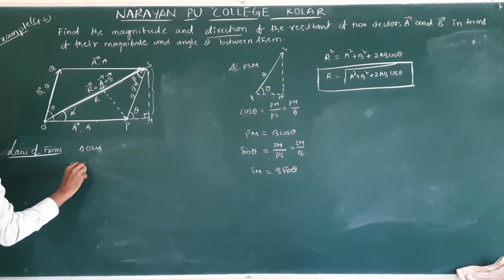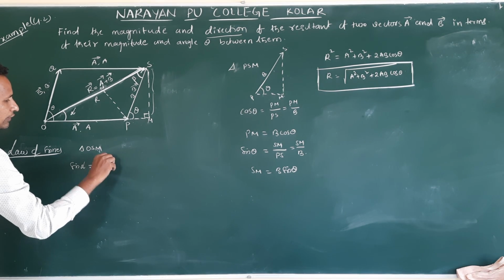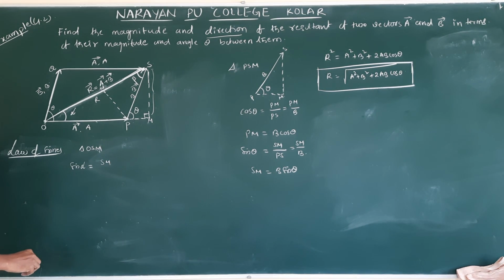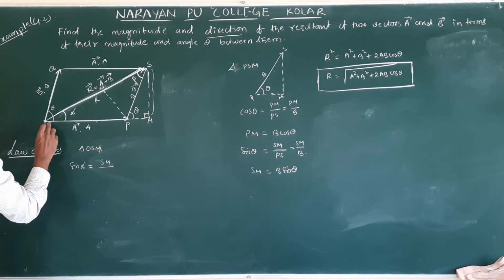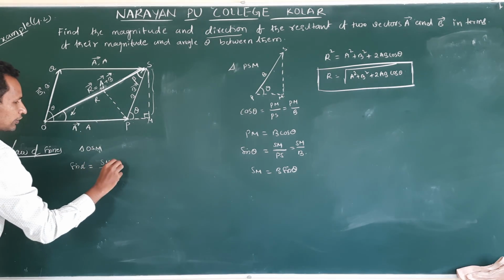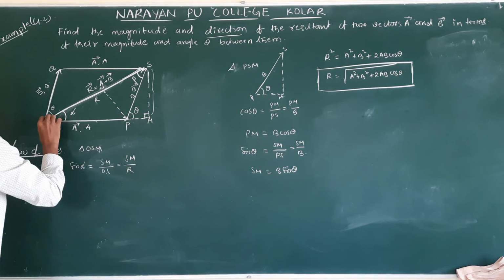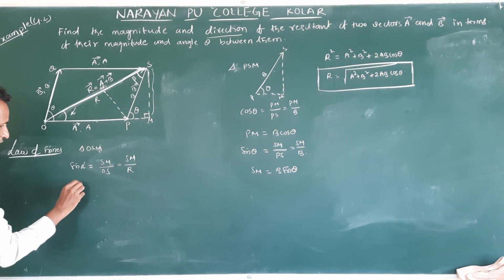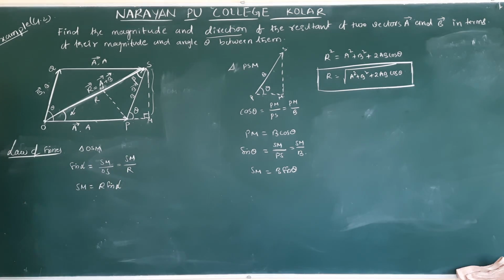So sin alpha is equal to opposite by hypotenuse, SM by OS. OS we have taken as R, this total length. So SM is equal to R sin alpha. Am I correct?